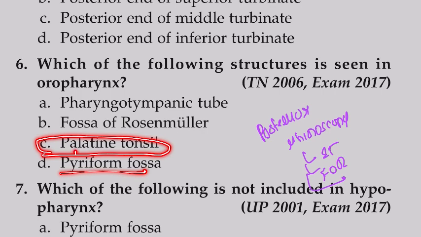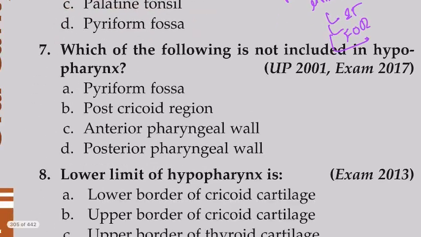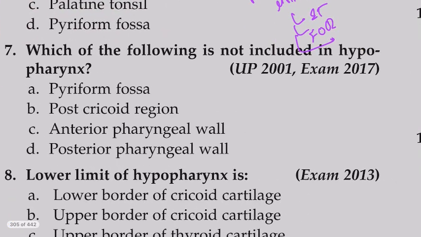The pharyngotympanic tube or eustachian tube, along with the fossa of Rosenmuller, is present in the lateral wall of the nasopharynx. If you remember posterior rhinoscopy, we see the eustachian tube and fossa of Rosenmuller. So the structure seen in oropharynx is the palatine tonsil. Which of the following is not included in hypopharynx? 3P: posterior pharyngeal wall, postcricoid region, and piriform fossa. Anterior pharyngeal wall is not included.